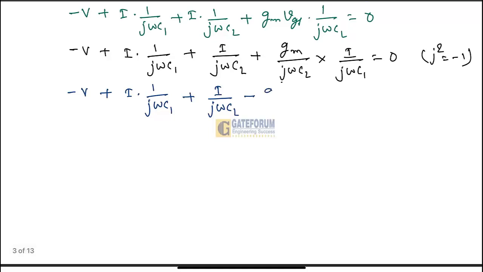So minus gm into I divided by omega square CL into C1 is equal to 0.